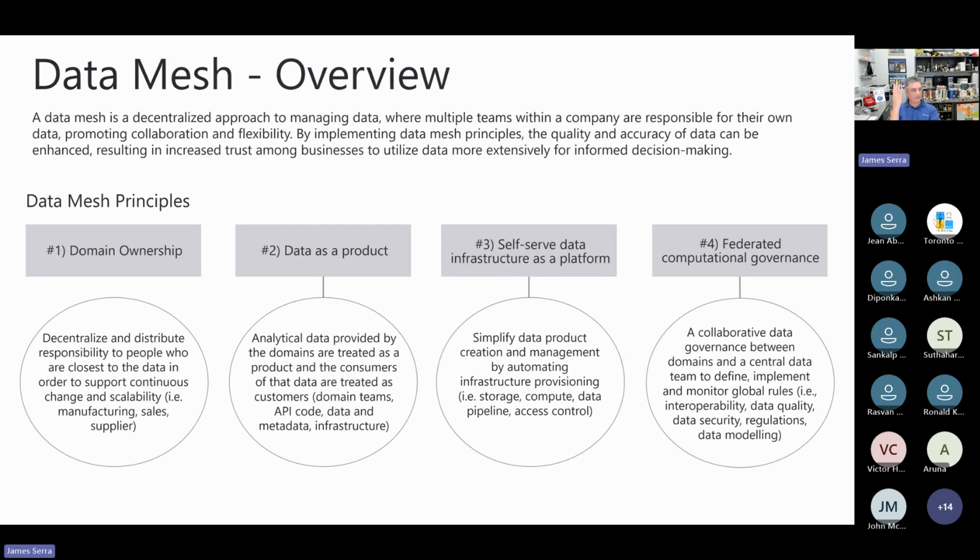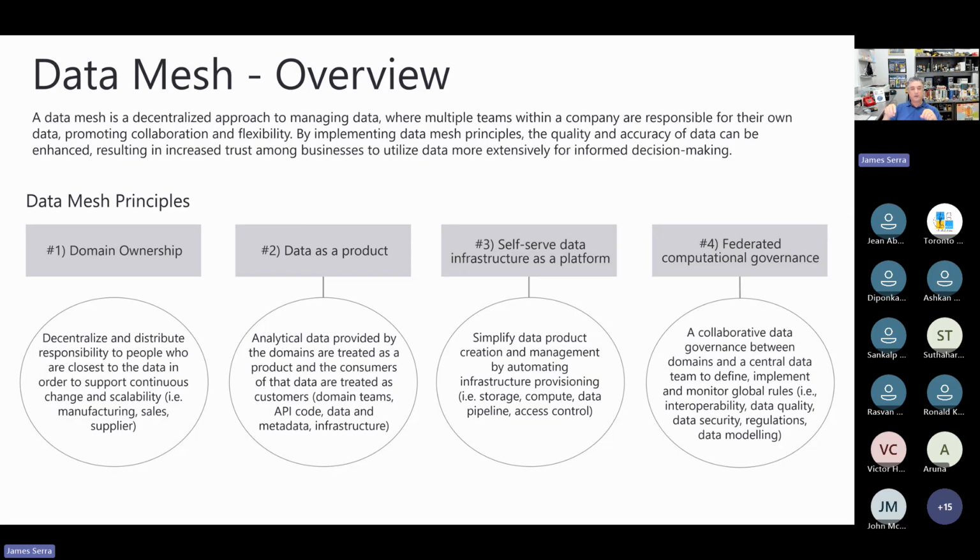A data mesh, to try to simplify it also, is made up of 4 principles. Principle number 1 is domain ownership, meaning each of those domains owns the data instead of copying it to a central location where IT would own it, which was always an argument, who owns the data. That goes away because the domains own the operational and analytical data, and you set up these domains, which can require a lot of change, but that's required in data mesh, to have all these domains.